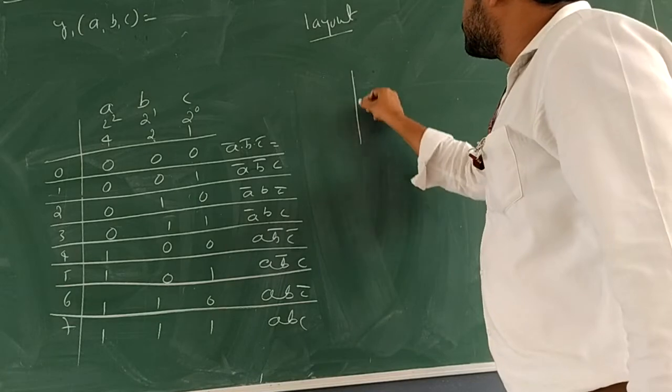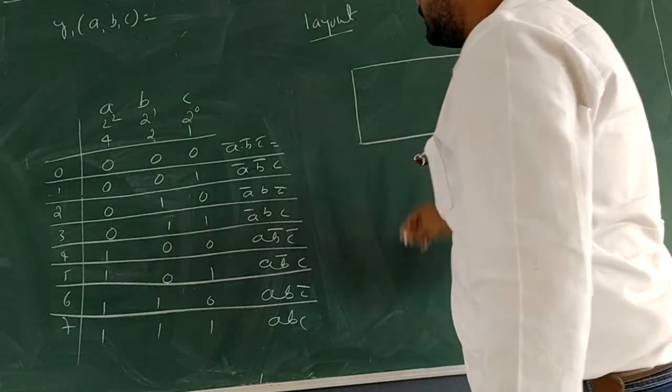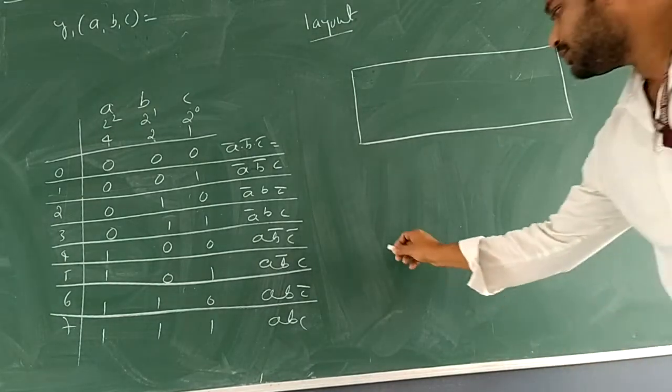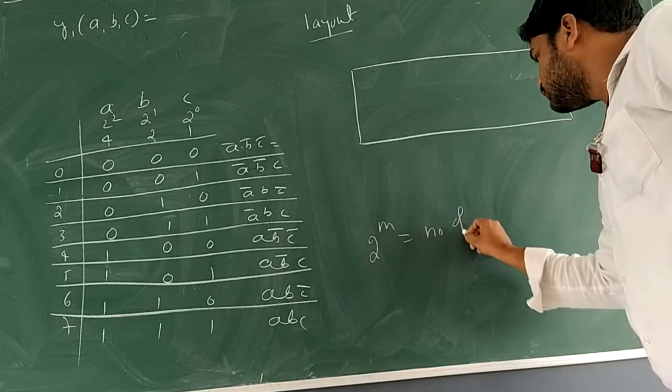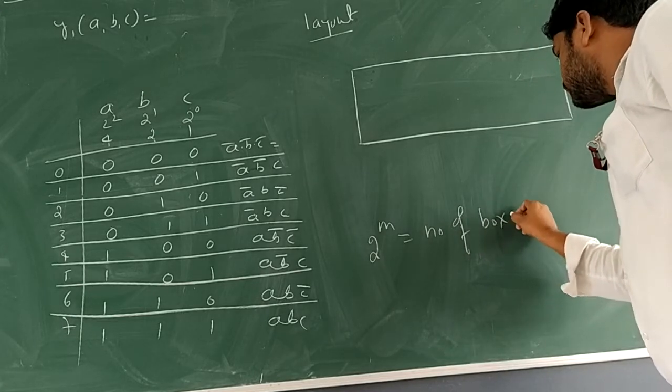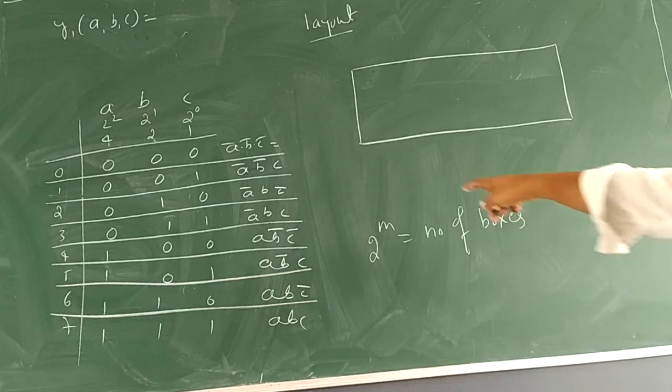For the three variable K map, there will be 2 raised to m number of boxes. Boxes means small cells.